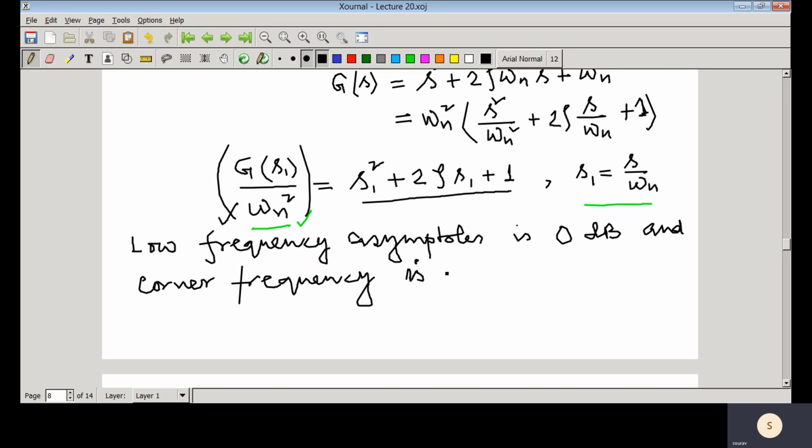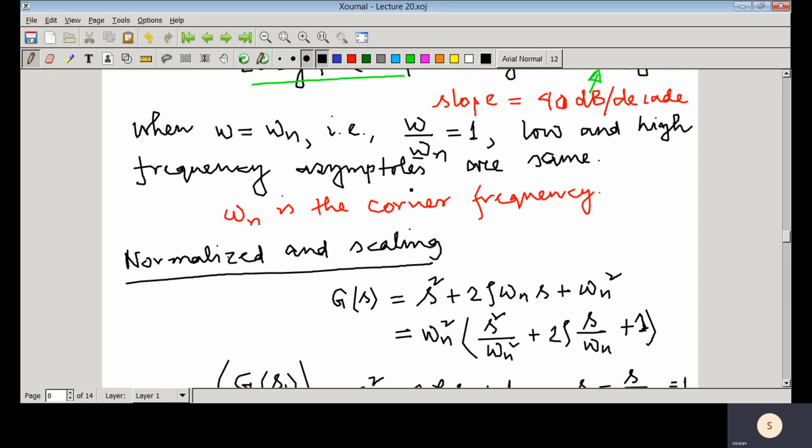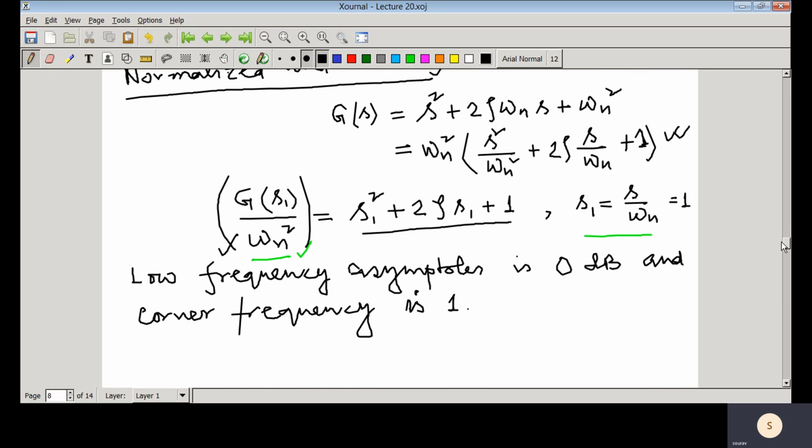So the corner frequency is 1, and corner frequency 1 means whenever s1 equal to 1, so s equal to omega n, and it is matching with this one, so omega n is the corner frequency. So if we have a second order factor, we can also represent it in this form: we divide by omega n square and define s1 equal to s by omega n, so this is the scaling and this is the normalization.